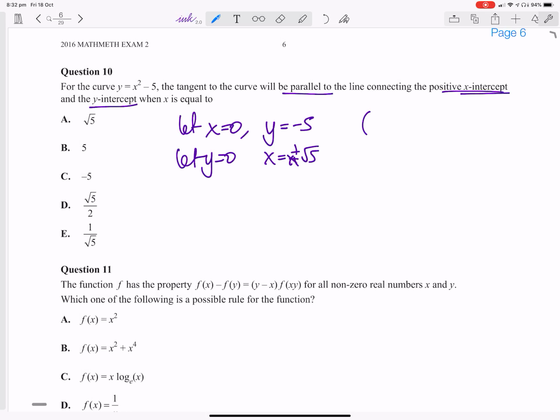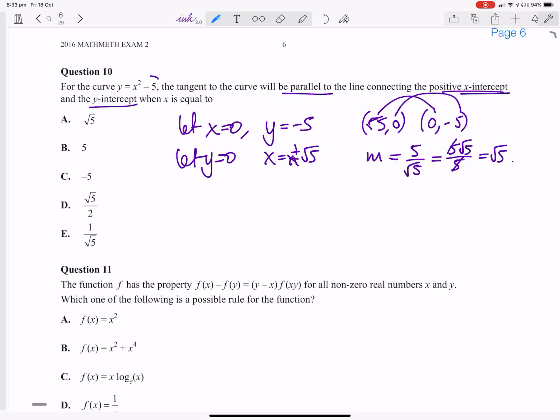So we've got the points root 5, 0 and 0, negative 5. So the gradient, y2 minus y1, that's 5, x2 minus x1, root 5, which is 5 root 5 on 5, which is root 5.